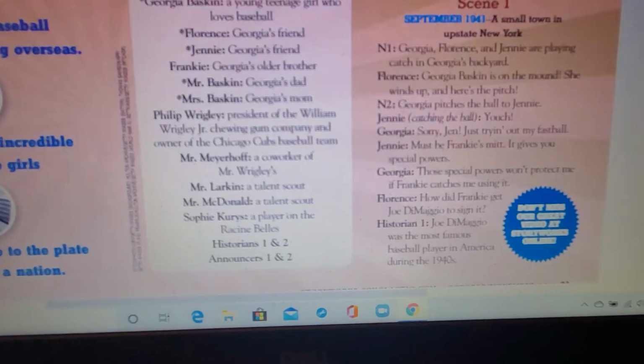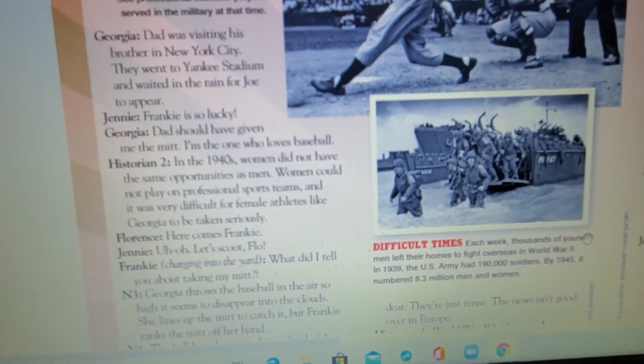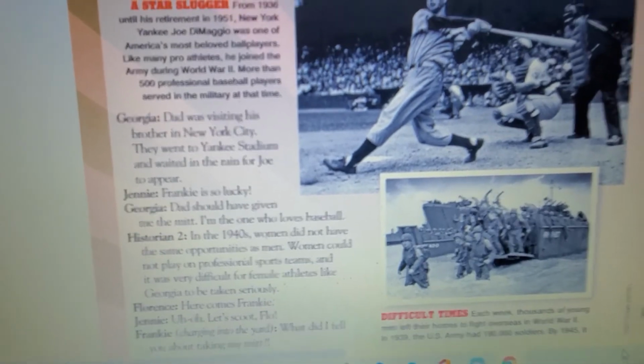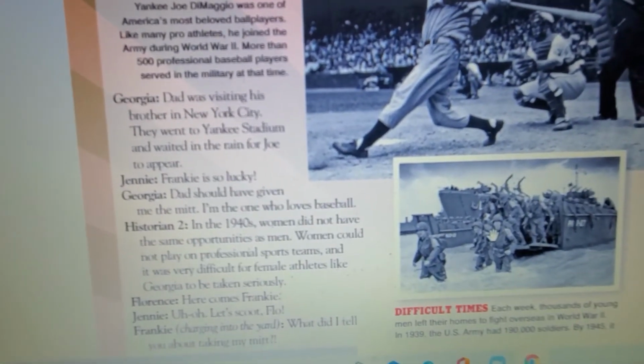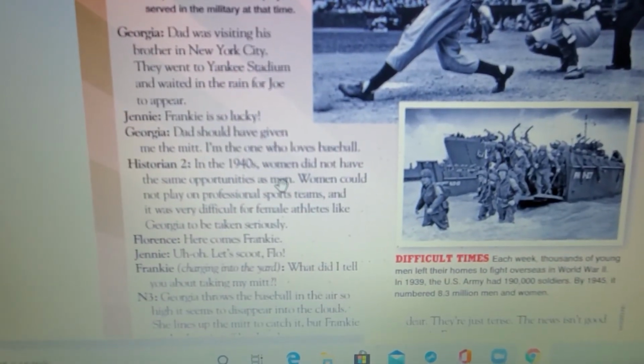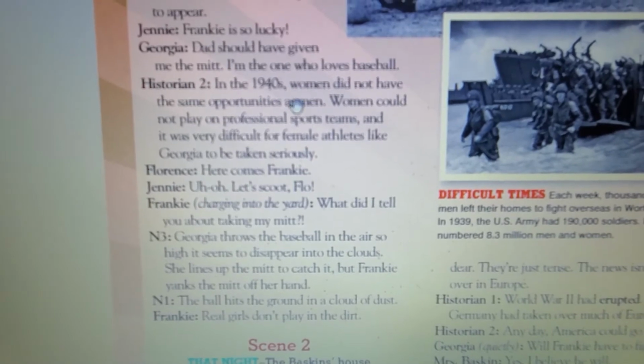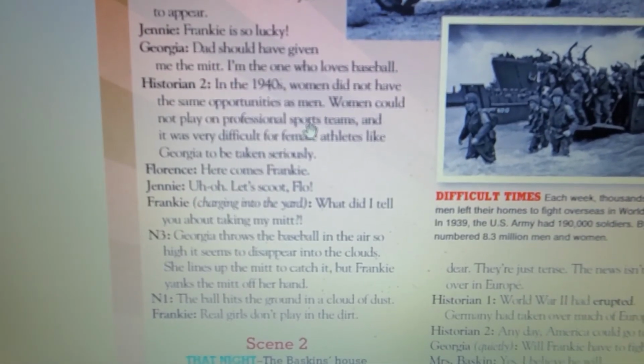So I go back to my story and I'm looking for other examples of important descriptions. And when I say descriptions, you want to really describe the major events or details that stand out. Even right here, the historian says in the 1940s, women did not have the same opportunities as men.